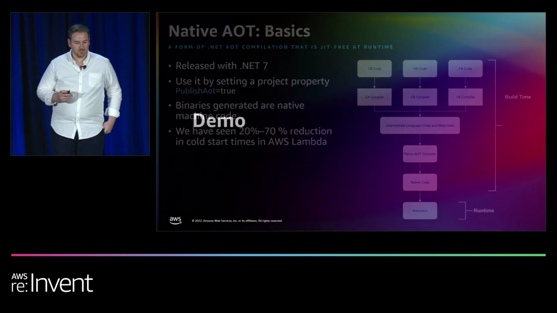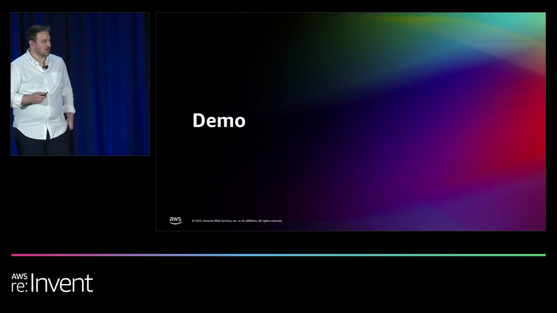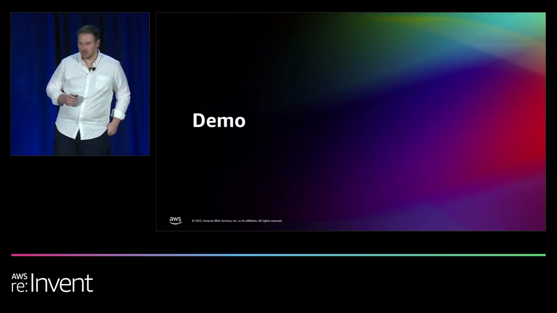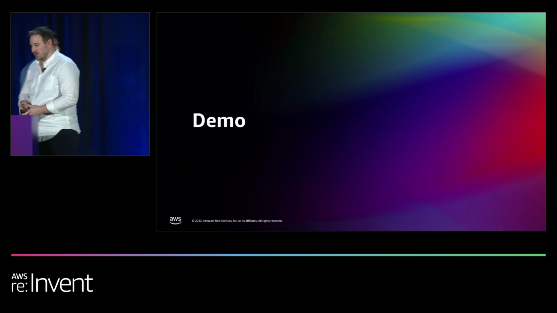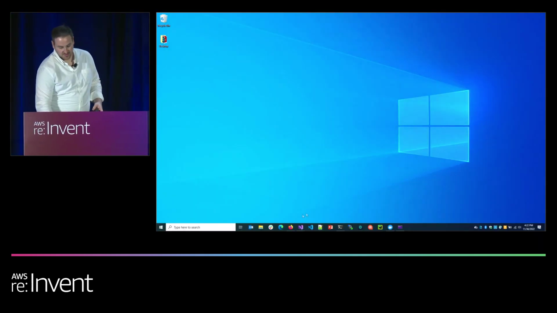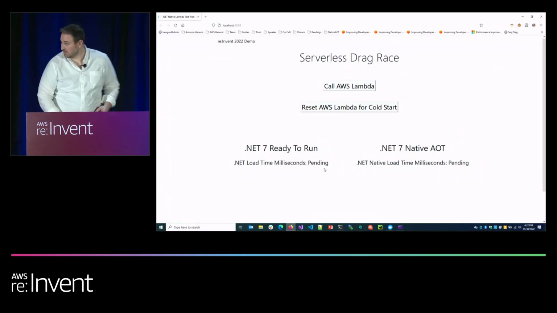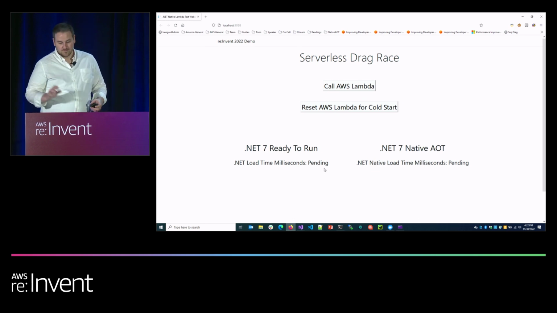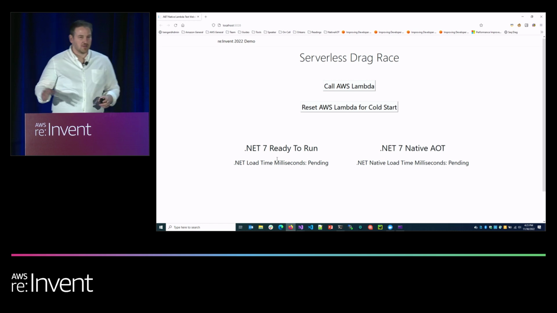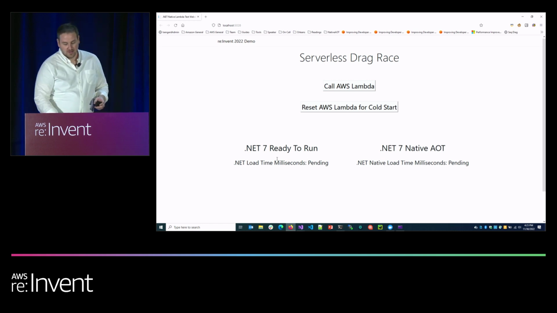So to get a little example, we'll switch to the demo computer here, and I'll show you a real quick demo first. Okay, perfect. So this is the serverless drag race. This is running a local web app, but that's not important. What's important is I've deployed 2 Lambdas with identical code, except one was published with native AOT and one was published with ready to run.